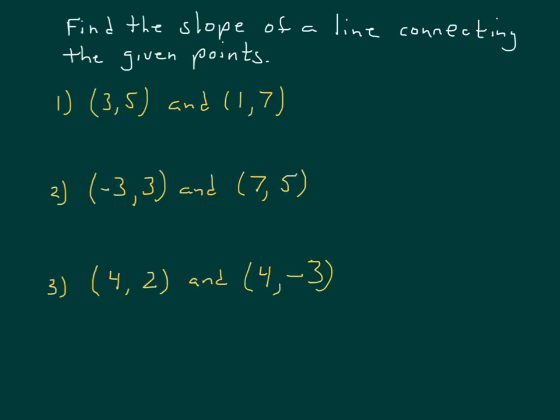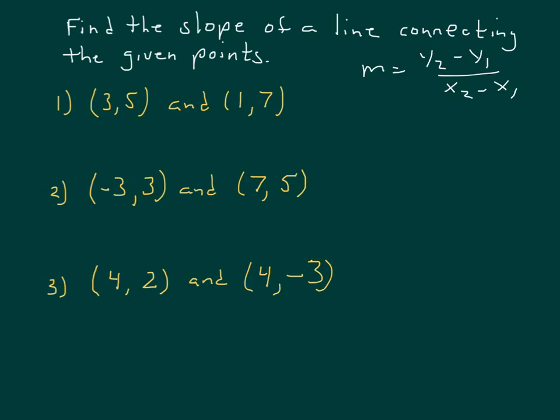What you have now here is 3 sets of points, and we're going to go through and find the slope of the line connecting those given points. Let's take a look at the first one. Remembering the slope formula, m equals y2 minus y1 over x2 minus x1, I want to find the slope of the line connecting (3, 5) and (1, 7).